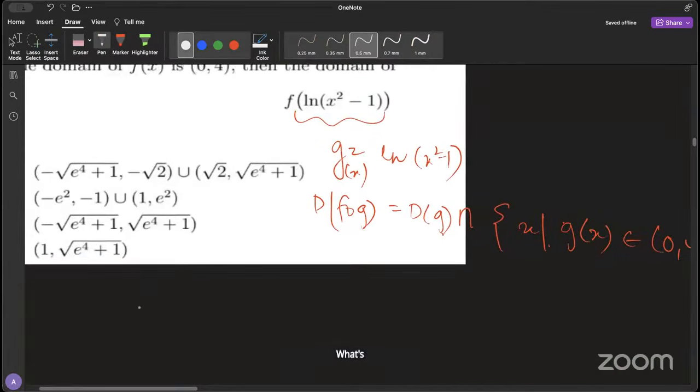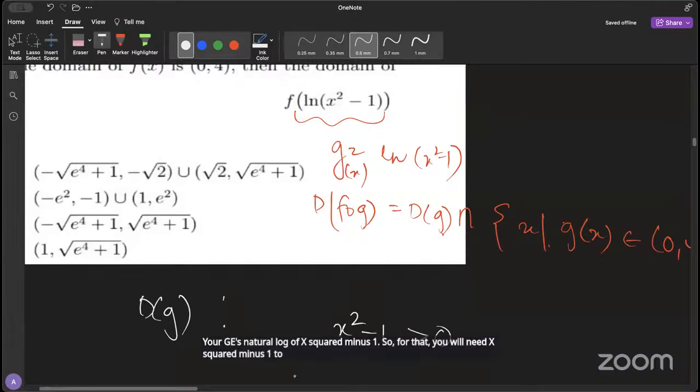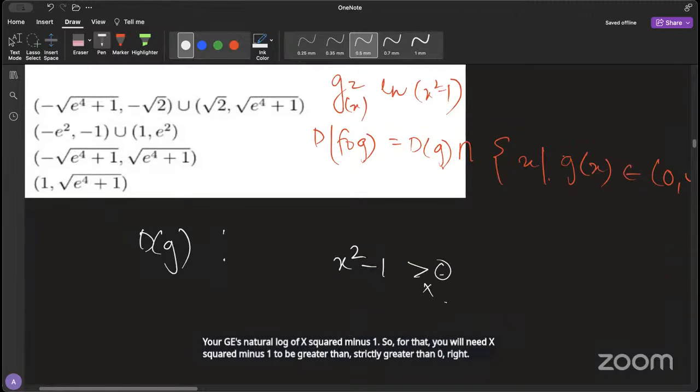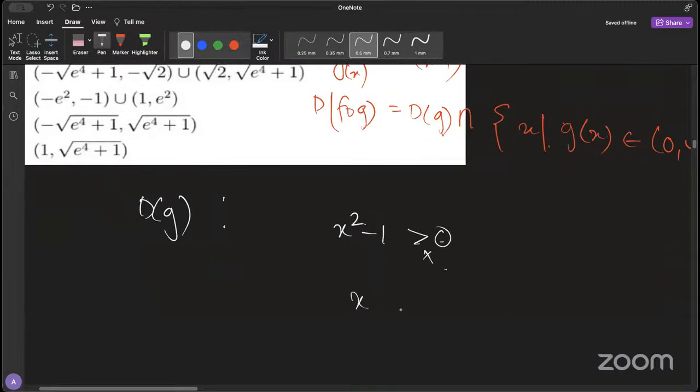What's the domain of g? Your g is natural log of x square minus 1. So for that, you will need x square minus 1 to be strictly greater than 0, right? That means you want x square to be greater than 1.